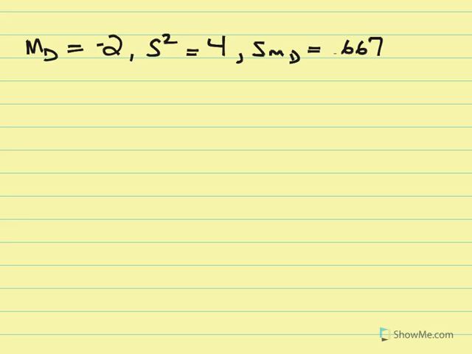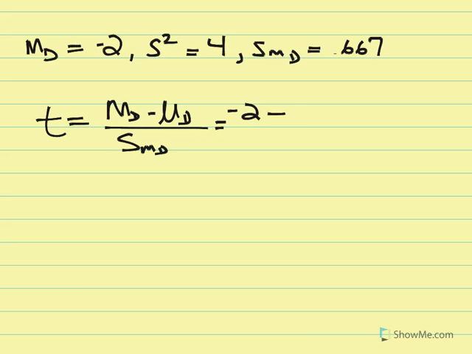So our equation for the t-test of two related samples is t is equal to the sample mean difference minus the hypothesized population mean difference over the estimated standard error of the mean difference. So let's replace variables. -2 minus 0.